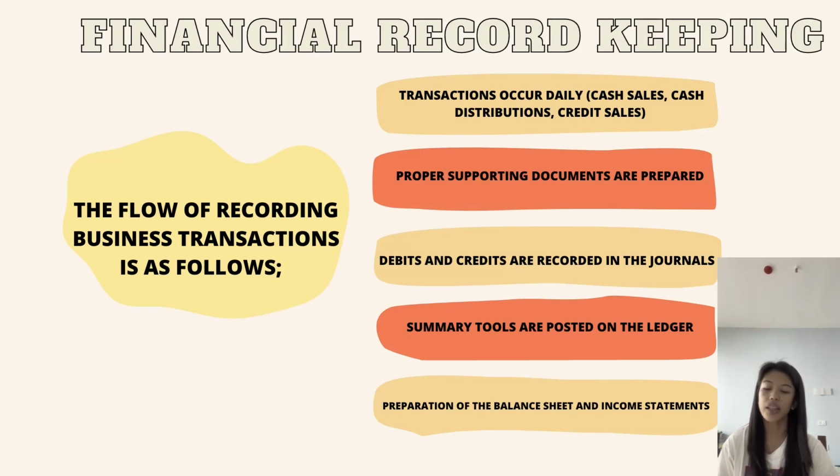So debit and credits are recorded in the journal. Mo nang magbuhat pud ka ug journal entry which comprises of your debit and credit. Basically debit is asset while credit is the combination of liabilities and owner's equity. Ang liabilities katong imong mga accounts payable, notes payable, then ang owner's equity comprises the revenue and the expenses.